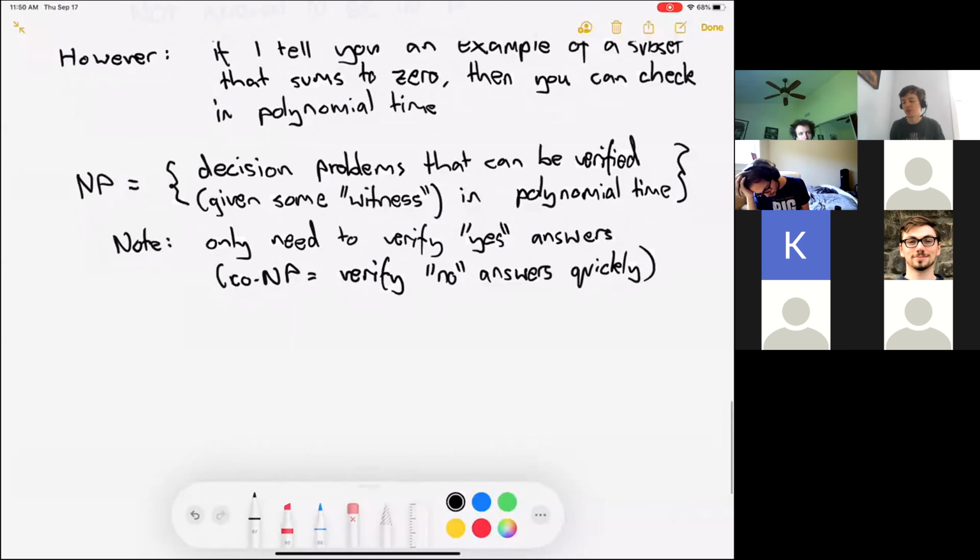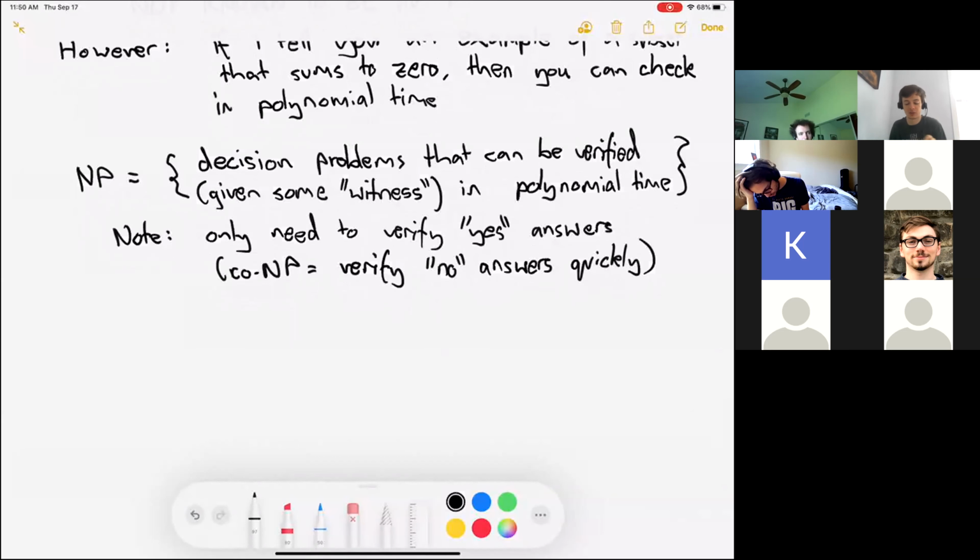Okay, so let me define a bit more precisely what I mean by verify. So the witness, I'm going to call W. That's going to be some extra information that you get. So you get the input to your problem, and you also get some extra bits that are the witness.